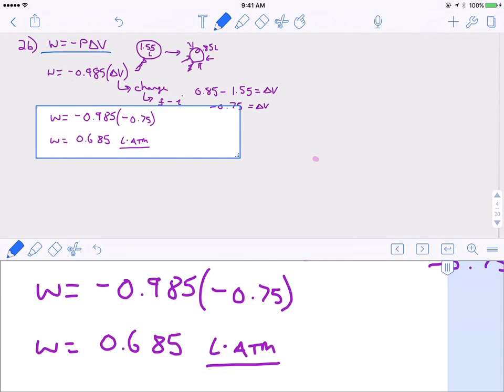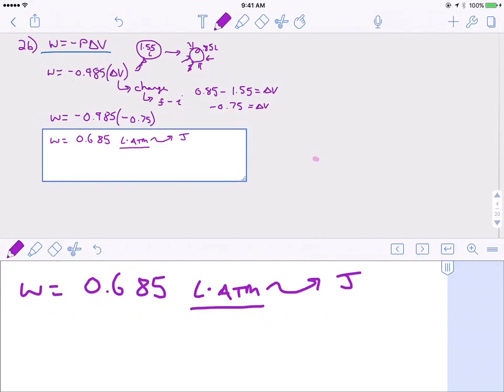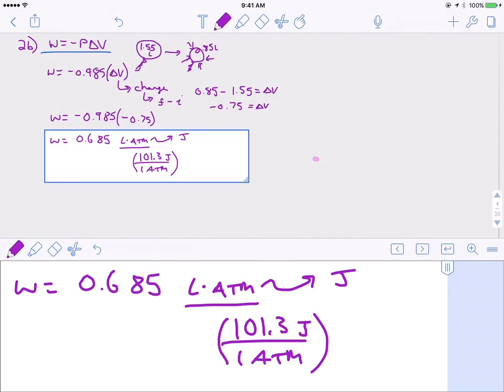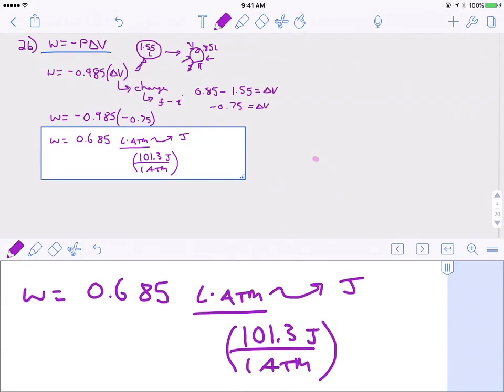But that's not what we're asked for. We're asked for the answer in joules. So we have to convert this to joules. And to do that, we have a conversion factor. This might look familiar to you. We have 1 liter ATM is equal to 101.3 joules of energy. All right, let's convert.